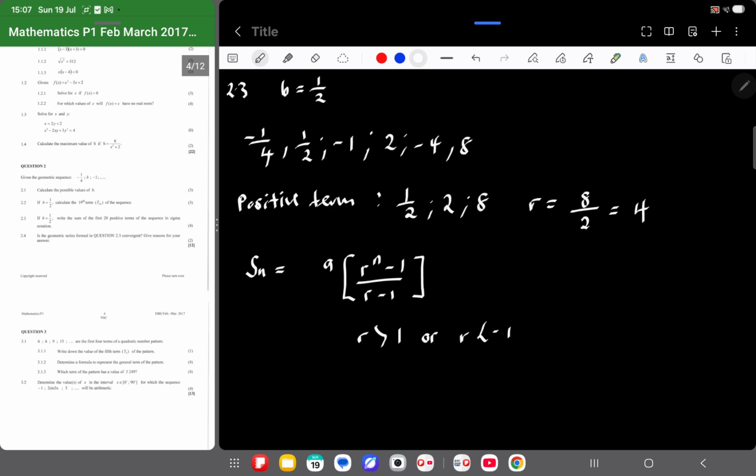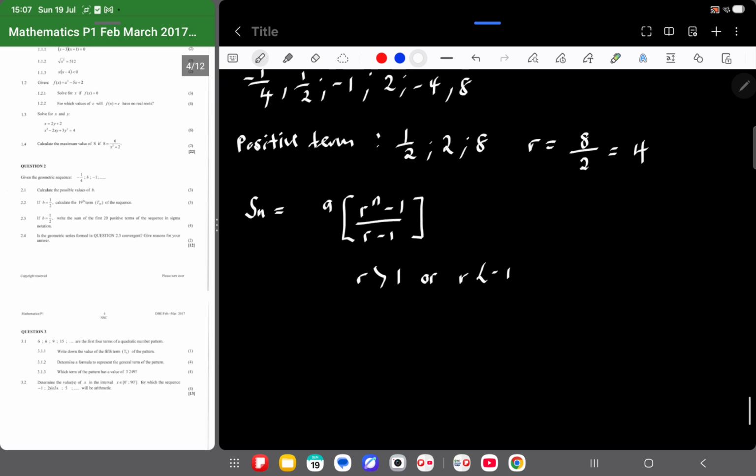And then we can also have another formula: a times 1 minus r to the power of n over 1 minus r, when r is between -1 and 1.